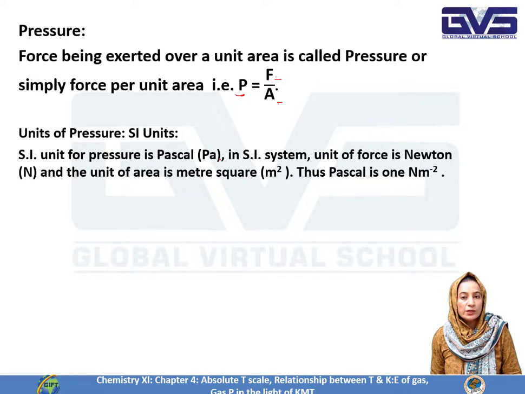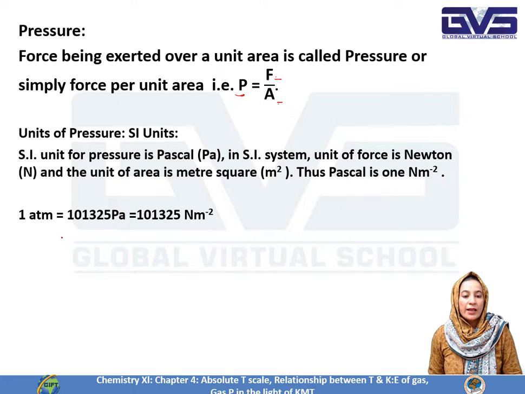So the unit will be Newton per meter square, and we can also say the Pascal, but this is a smaller unit as compared to another unit, the atmosphere, and 1 atmosphere is equal to 101325 Pascal, or 101325 Newton per meter square. So this is the relation between atmosphere and Pascal.